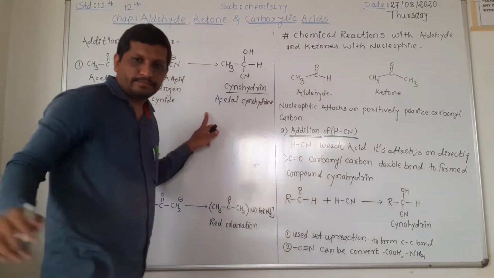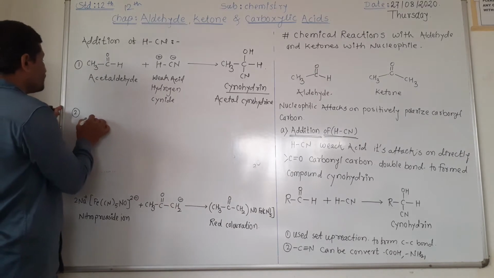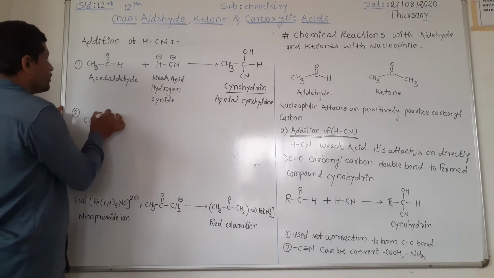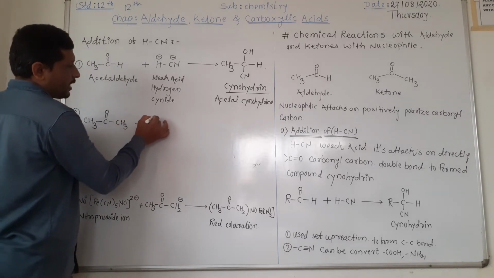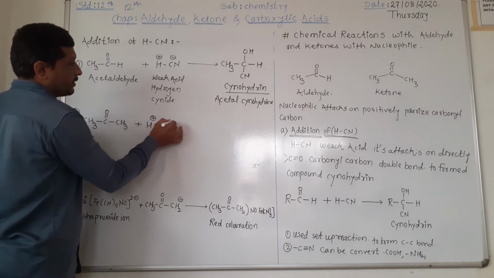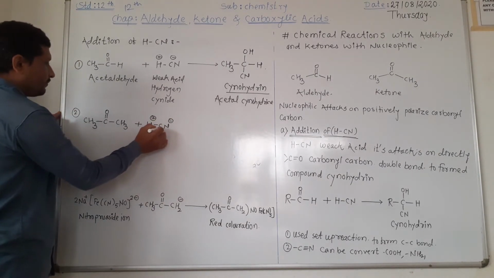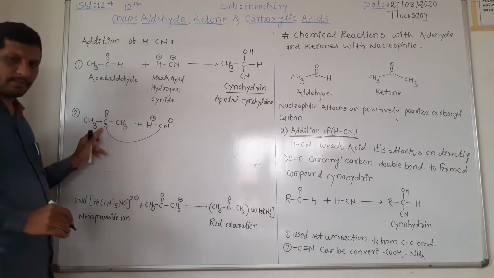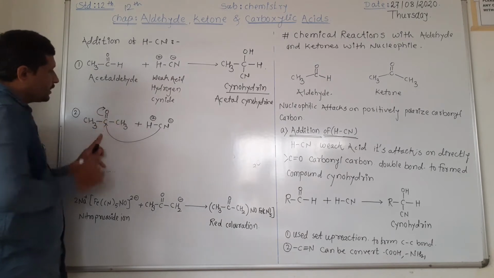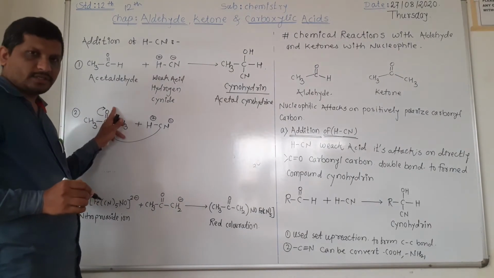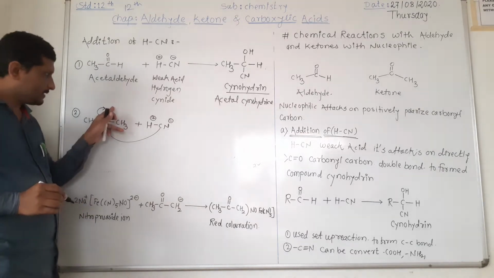And the next example is the ketonic functional group CH3 C double bond O CH3 reacting with hydrogen cyanide, the weak acid. This negatively charged nucleophile attacks the carbonyl carbon, and the double bond of carbon and oxygen shifts to the oxygen, and the negative charge goes on the oxygen.